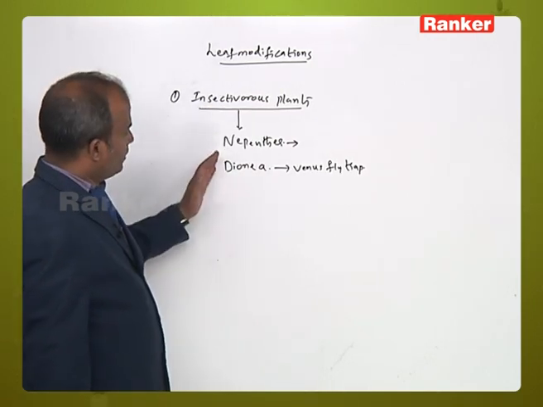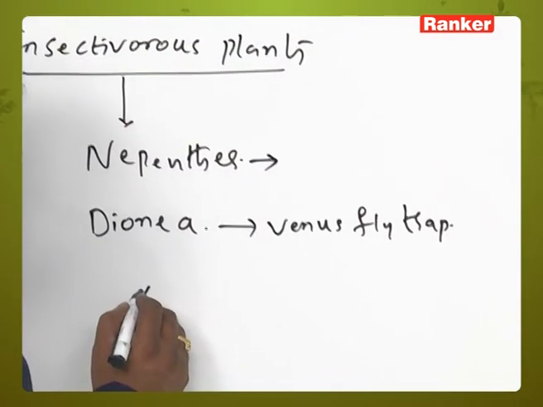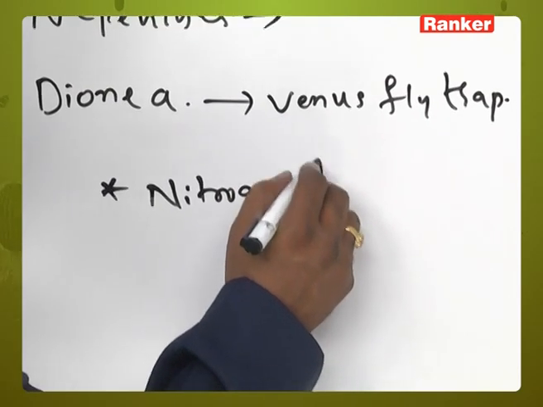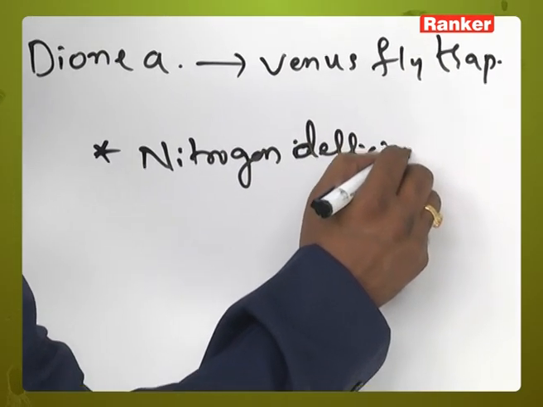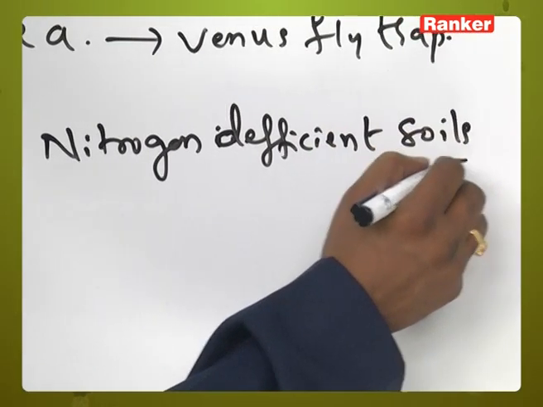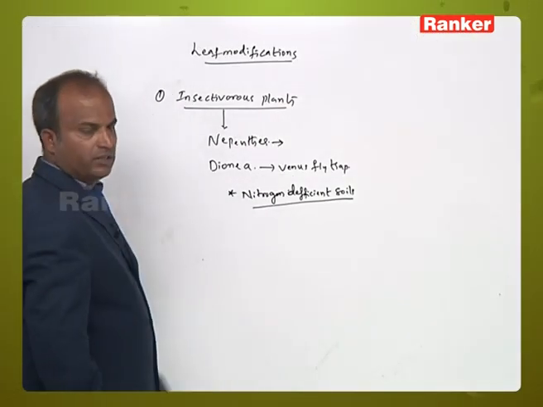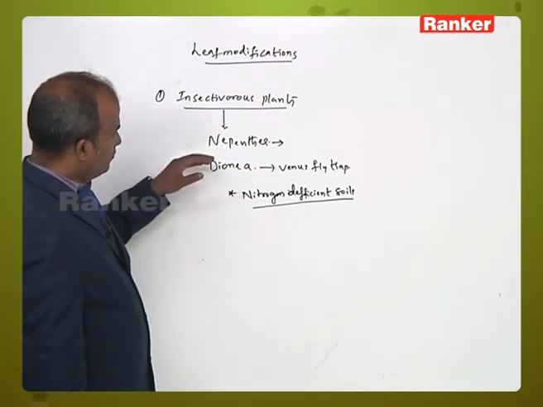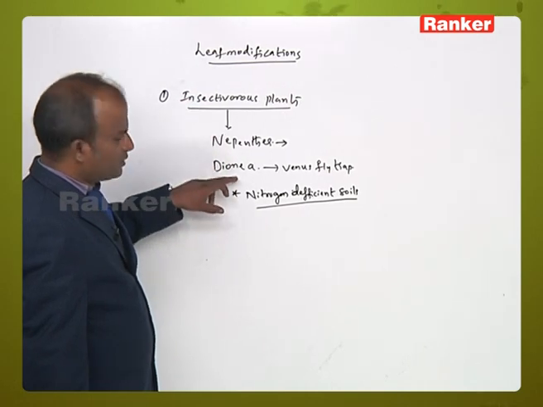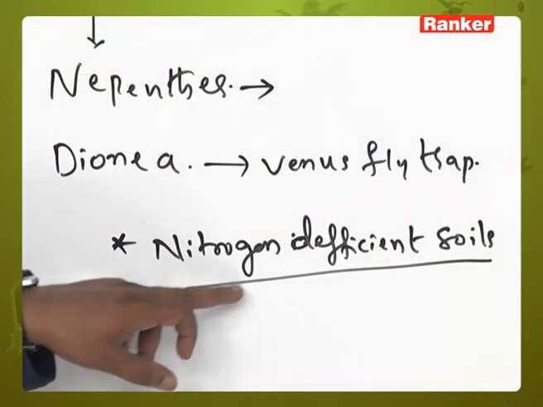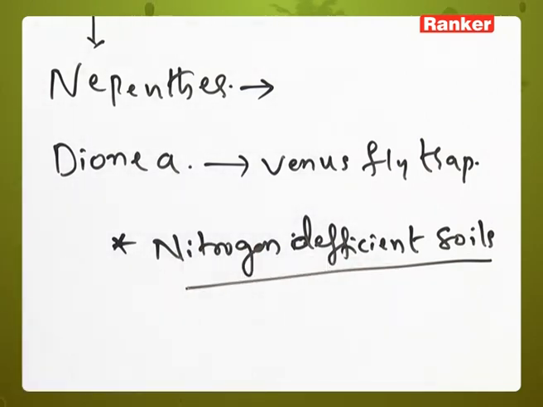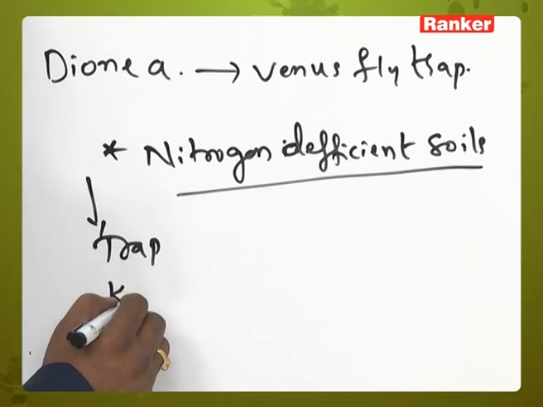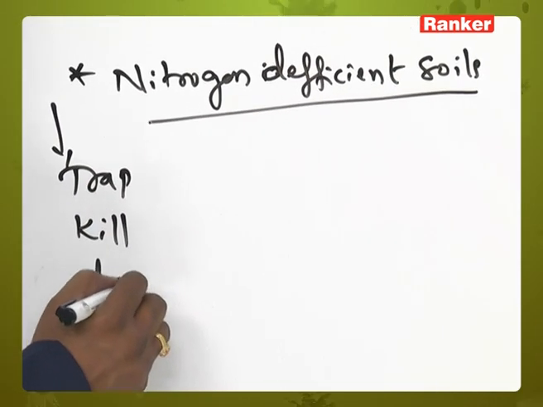They grow in nitrogen deficient soils. As these plants grow in nitrogen deficient soils, they trap the insect, kill the insect, and digest the insect.